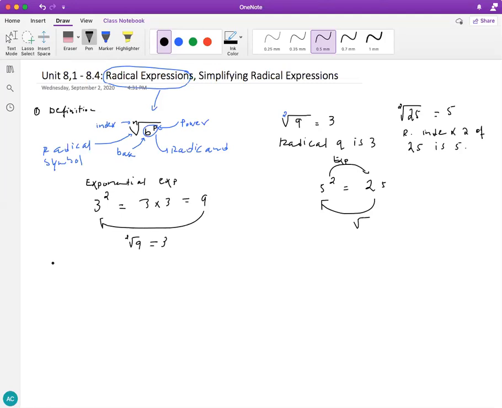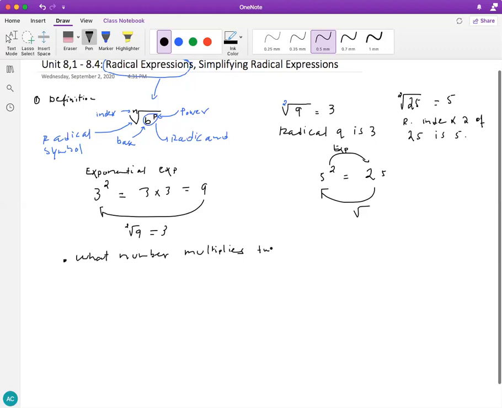Okay, so let's write that in a sentence. It's very important to understand this sentence. That's what we're going to apply to all the other radicals with different indexes. So we say, what number multiplies, this many times, twice, to get 9?